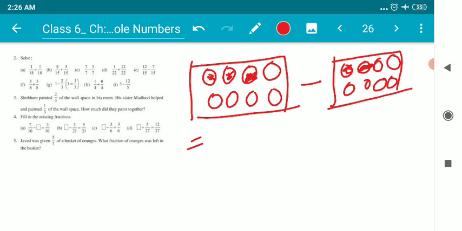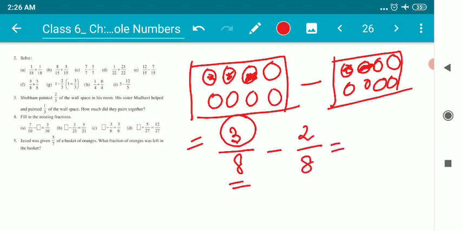Okay children, so the first one's fraction is 3 by 8, because 3 balls are shaded out of 8 balls. From here I'll subtract 2 balls shaded out of 8 balls, so of course it's 2 by 8. So if we do the subtraction of these fractions, it will be 1 by 8.